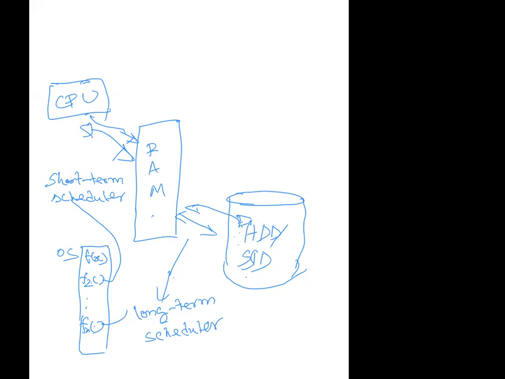In your hard drive, every software program is available. When you double click, it creates a copy called the process, and the operating system transfers this process from SSD to RAM for execution by the CPU. Then the CPU can access your process and execute it line by line.